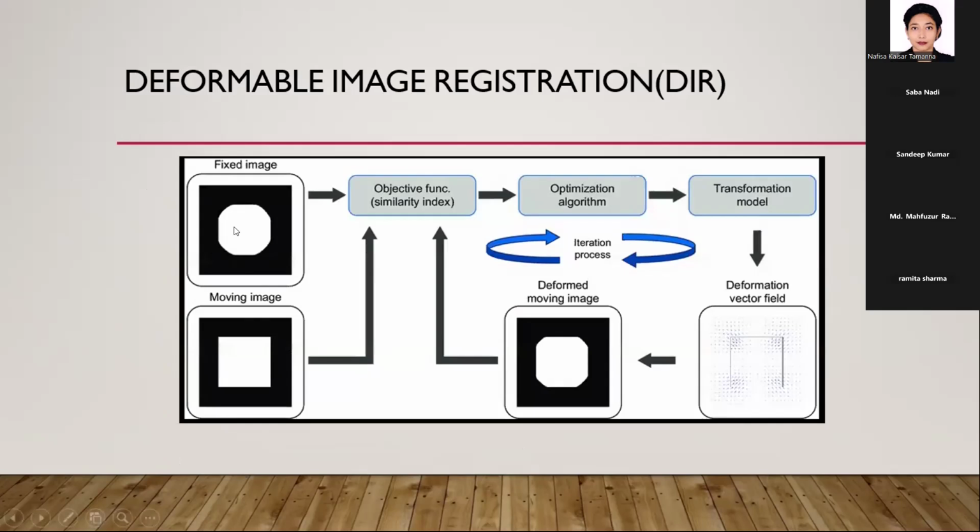The reference fixed image we have already got from the CT simulator. Once we capture the CBCT of the patient on a particular day, the objective function is created from the fixed image, and the optimization loop will iterate, applying the transformation model and the deformation vector field, so that it can match the similarity index and achieve the objective function.